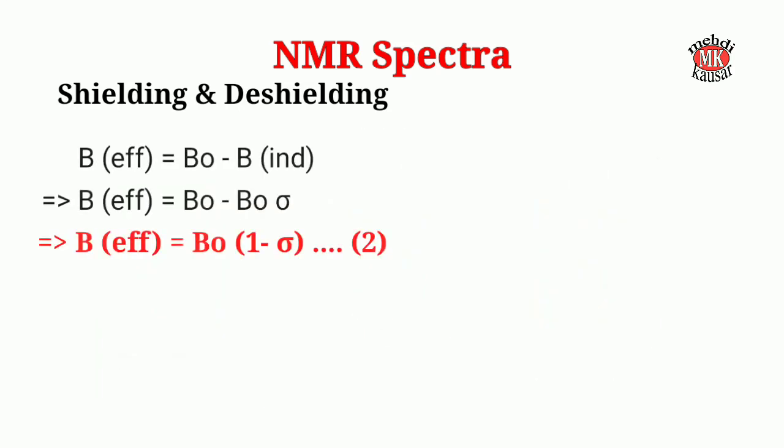The effective field experienced by the nucleus is therefore given by B effective equal to B0 minus B induced, or B effective equal to B0 minus B0 into sigma. Therefore, we can write B effective equal to B0 into (1 minus sigma).